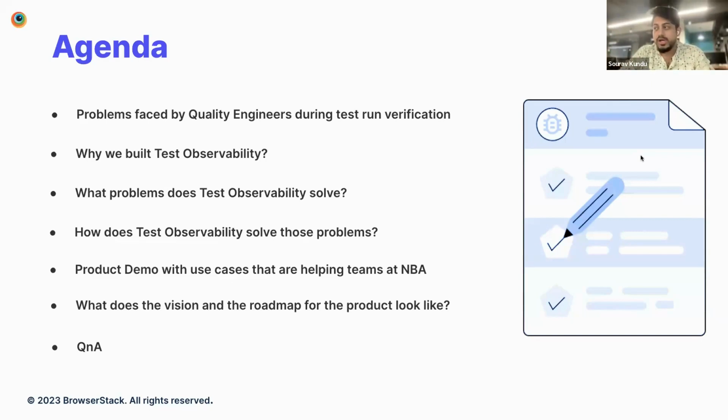Also, we'll talk about how we solve those problems, and show you a demo of the product. We'll also talk about how Curtis and his team at NBA have been using this product and how it has been helping them, and the vision for the product. What do we want to achieve? What does the future look like?